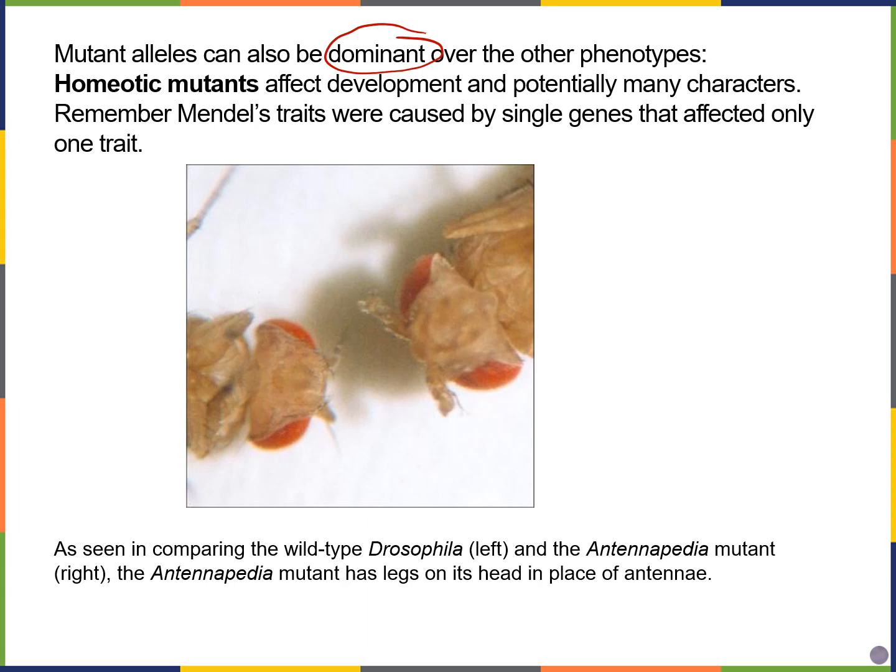In the example from our book, the mutant allele causes the expansion of how the normal gene product is distributed, and it causes the fruit fly to develop legs where usually the antennae are.